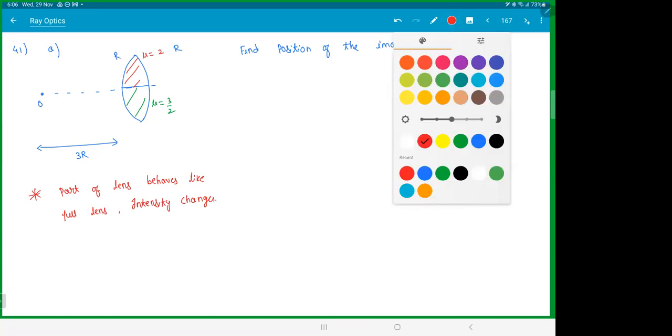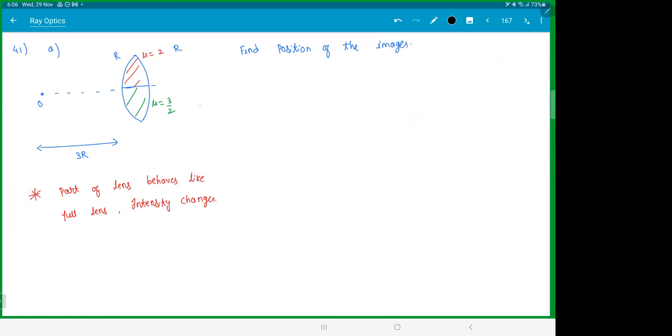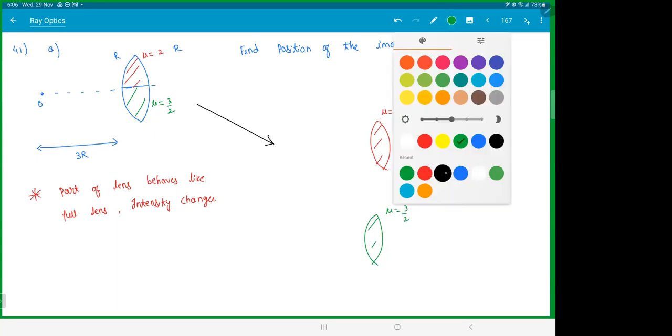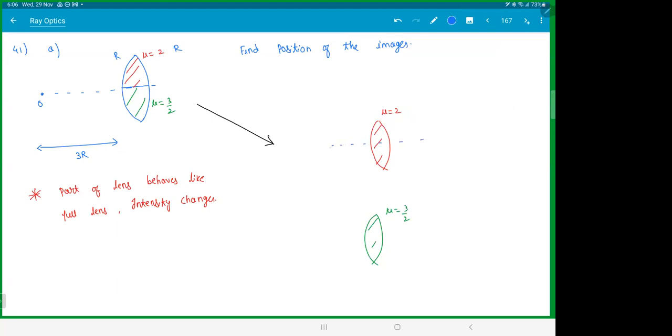So what you can do is this here can be treated as 2 lenses. One lens of mu equal to 2 and one lens of mu equal to 3 by 2. Got it? So you just treat them like 2 different lenses and solve the question. So this is the object here.